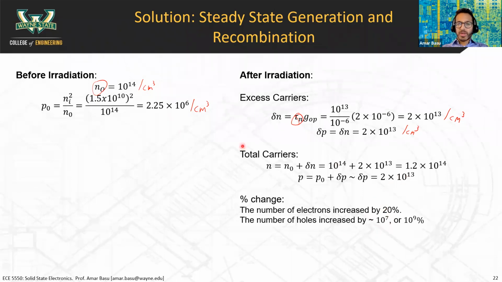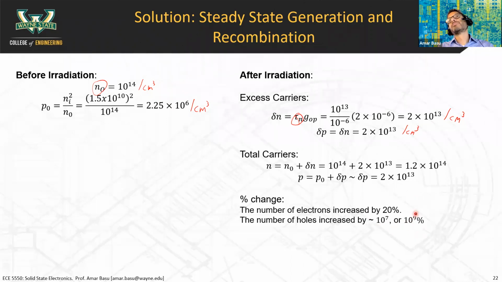So the fractional change in the number of holes went up by 10 to the 9th percent. That's a huge fractional change. The absolute change was identical, 2 times 10 to the 13th, the increase in electron and hole concentration. But the fractional change was very significant for the holes.